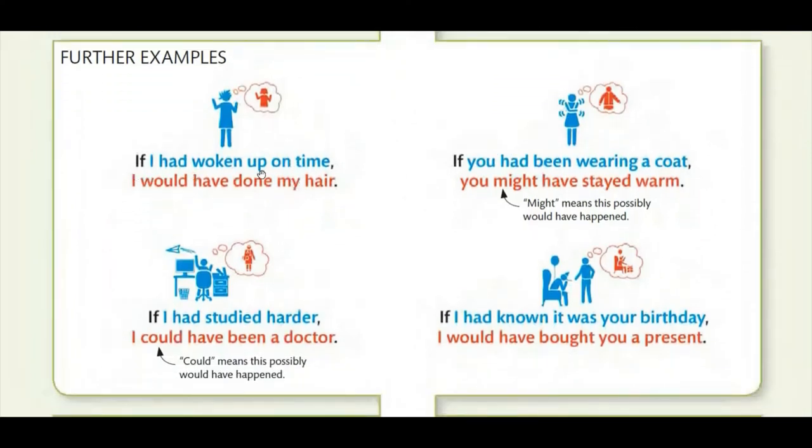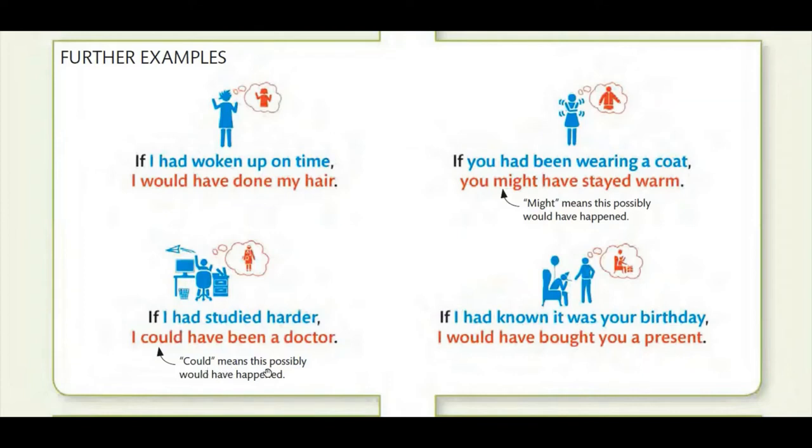If I had woken up on time, I would have done my hair. If you had been wearing a coat, you might have stayed warm. Might means this possibly would have happened, but it did not. If I had studied harder, I could have been a doctor.